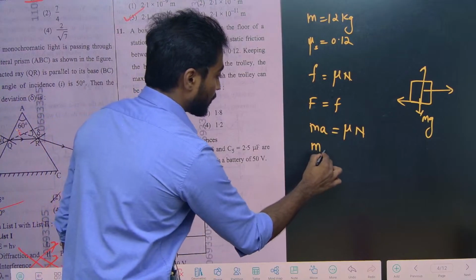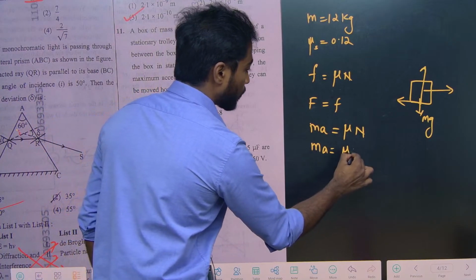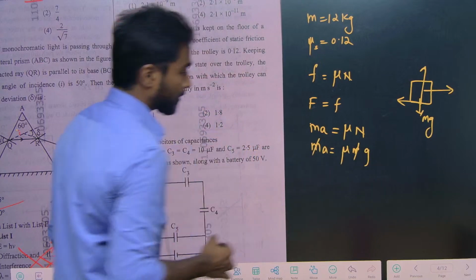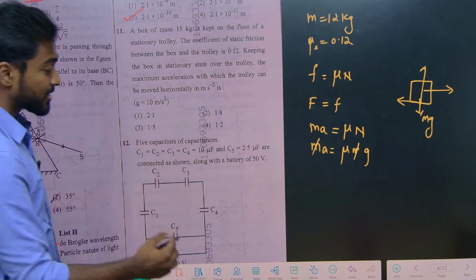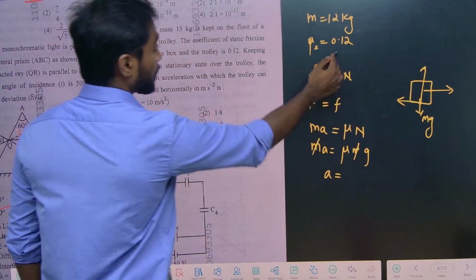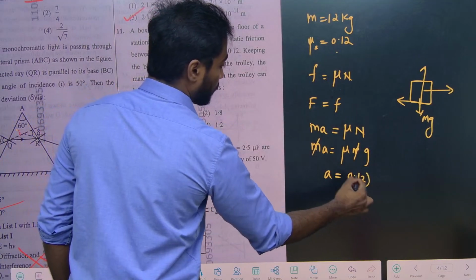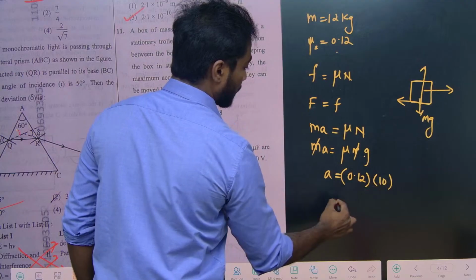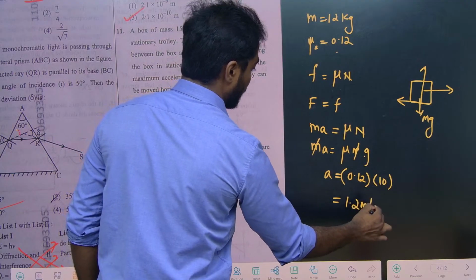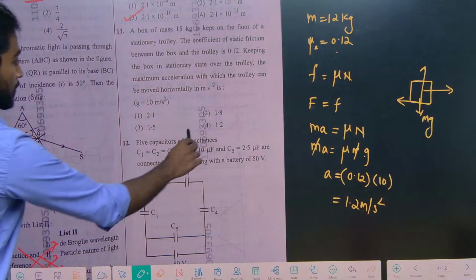So mass into acceleration will be equal to mu into m into g. M cancels and the acceleration equals 0.12 into g, which is 10, so 1.2 meter per second square. So option 4.